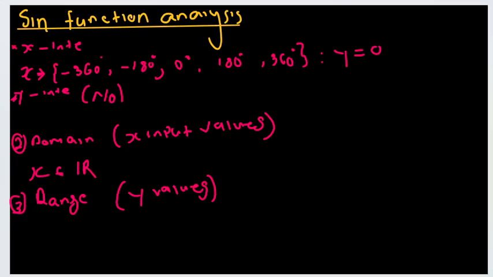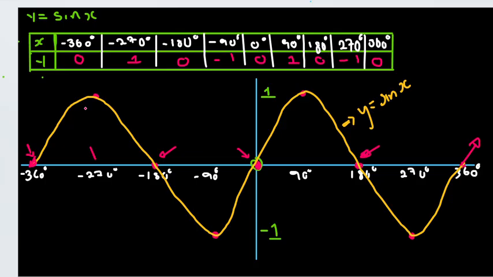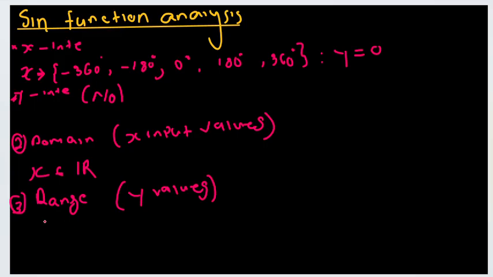So the range. Let's come here. We can see that the graph is reaching a maximum point at 1. The graph cannot go beyond that. It can be just between 1 and negative 1. The graph is not permitted to escape this point. So the range of this graph is that y is an element of the square bracket negative 1, 1.